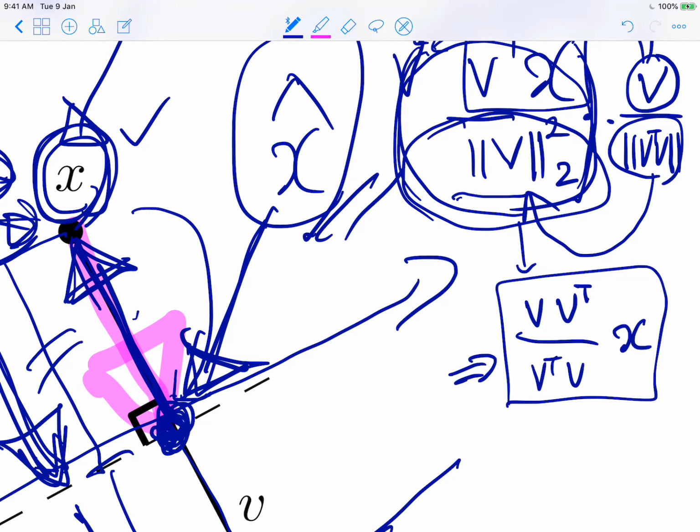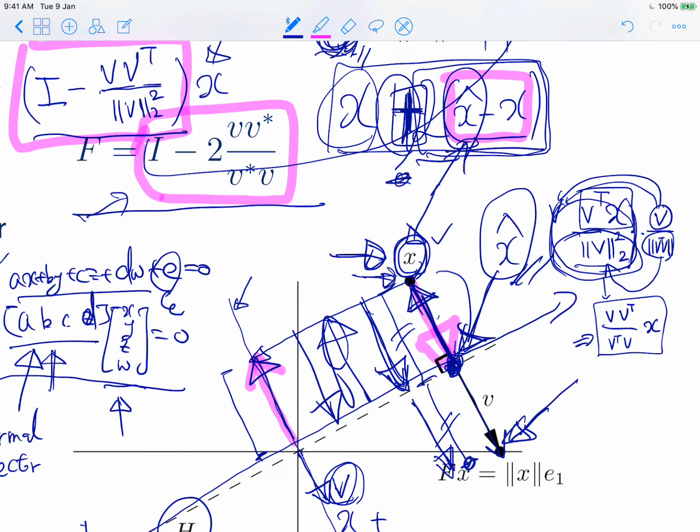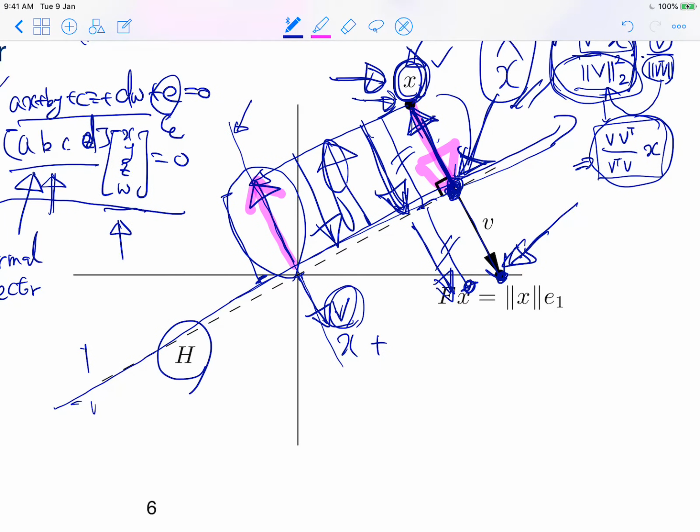So again, this is the projection result onto the line spanned by v. Starting from x, the reflection point with respect to this plane, or hyperplane, orthogonal to v is that we first obtain this vector, and then we simply subtract this part twice from the vector x, because starting from x we negate the vector and move it by twice this vector.